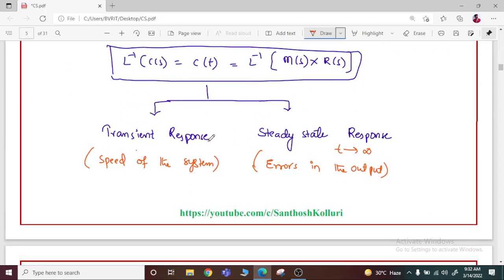So here, from this equation, C of t is equal to the inverse Laplace of the overall transfer function into input R of s, the Laplace of input. To predict the response of a system, we must have the knowledge of the input signal.